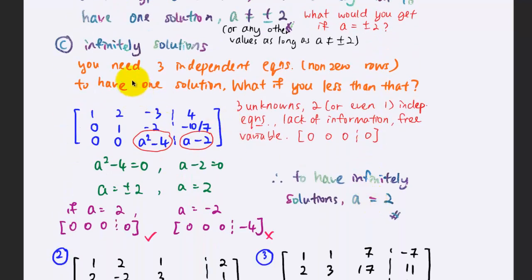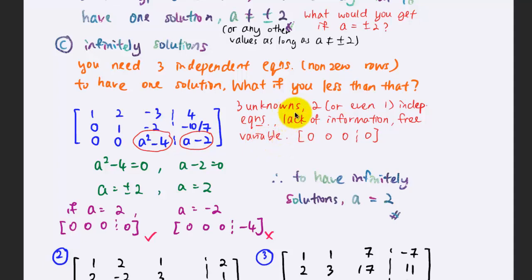And the last question is about infinitely many solutions. We know from the previous solution you need 3 independent, non-zero rows to have one solution. So what if you have less than that? Because you have 3 unknowns, let's say you have 2 or even 1 independent equations, which means that we lack information and we have free variables here.